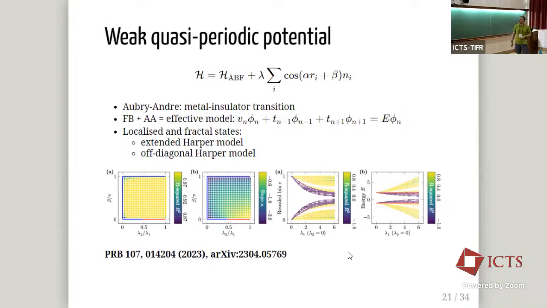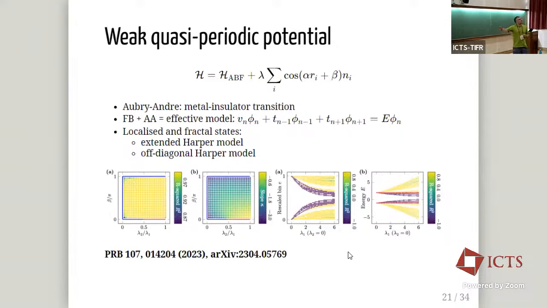In our case, though, what we found is that we either find localized states, basically whenever we don't see this mapping, or critical states corresponding to the critical region of the extended Harper model and the off-diagonal Harper model.